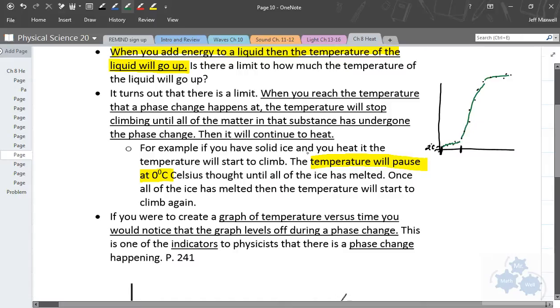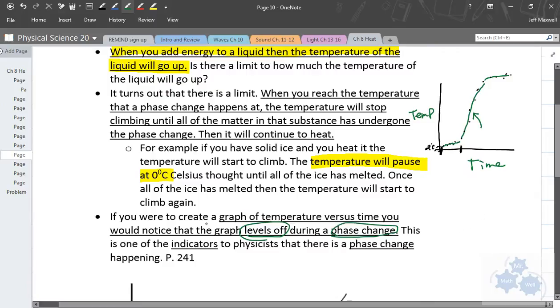All right, so let's get back to the notes here. It pauses at 0 or around 0 until all of the ice or the snow has melted. Once this has happened, the temperature starts to climb sharply again, and that's this area. If you were to create a graph of temperature versus time, so here's time down here, and here's the changing temperature, and this is what most of you guys did, you would notice that the graph levels off during a phase change.